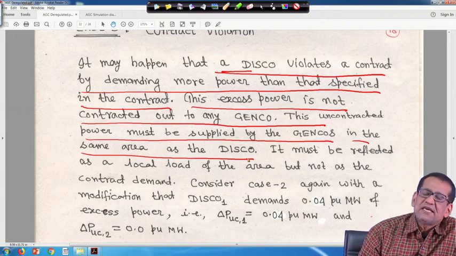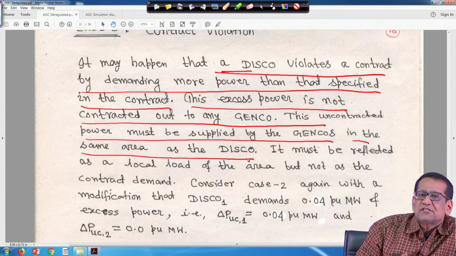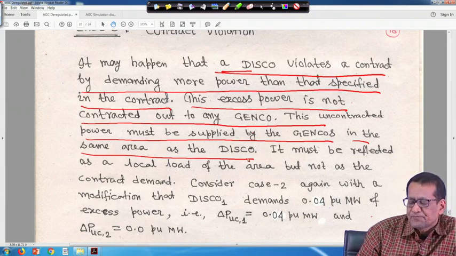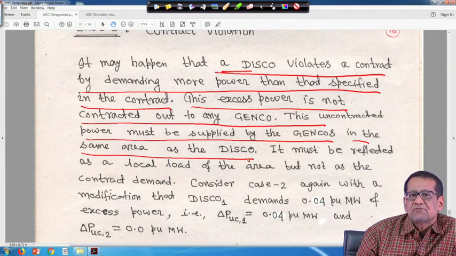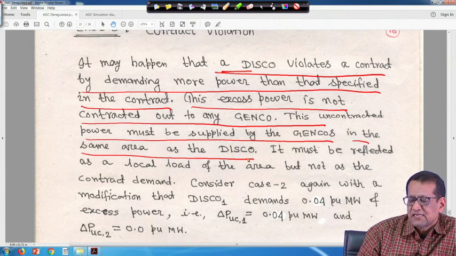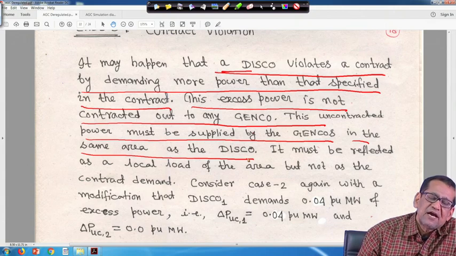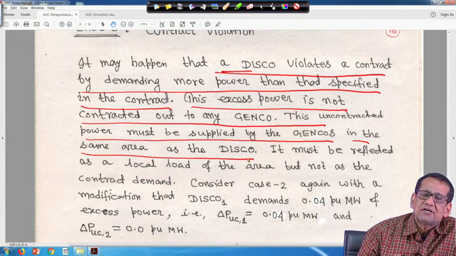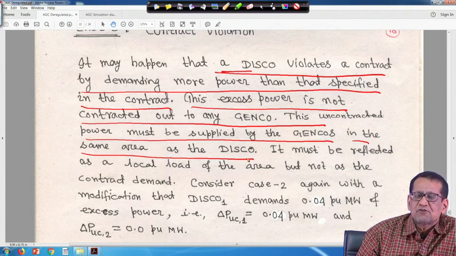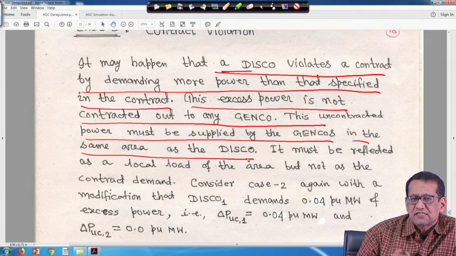That means, suppose in area 1 you have two distribution companies, DISCO 1 and DISCO 2, and two generation companies, GENCO 1 and GENCO 2. Suppose all of a sudden DISCO 1 demands some additional power which was not in the contract; it is expected that the power demand of the DISCO will be met by the GENCOs in area 1.